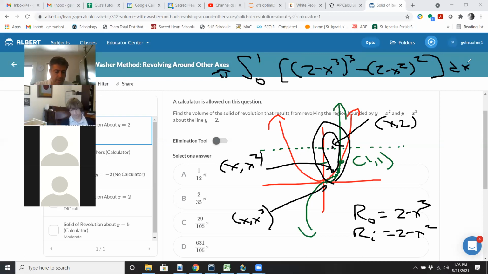I'll actually do it right now. So 0 to 1, 2 minus x cubed, squared. Yikes, I can't believe I said cubed. Okay.